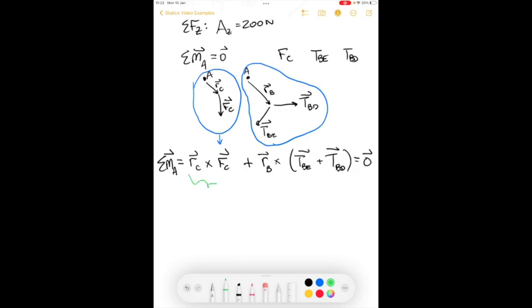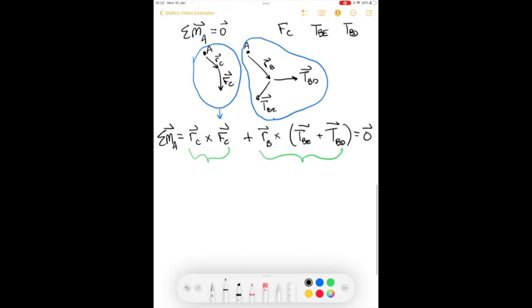So what you do is you can set up the determinant for this, the determinant for that, and you can end up again with three equations that you can solve.